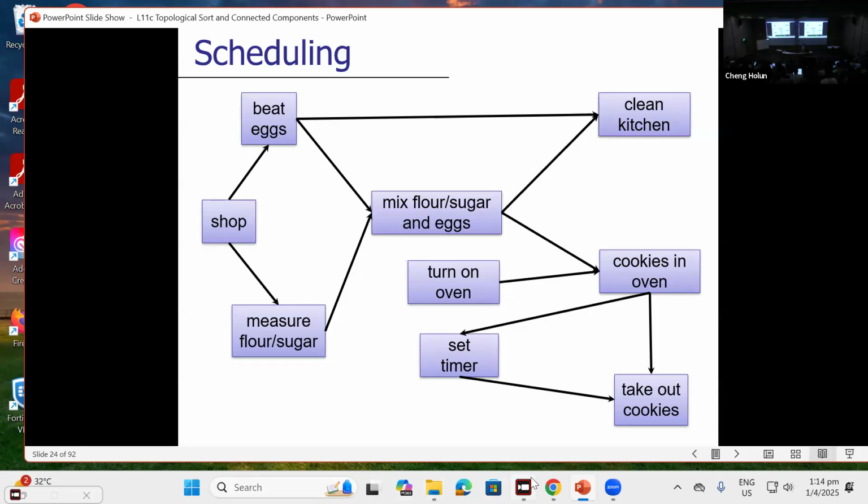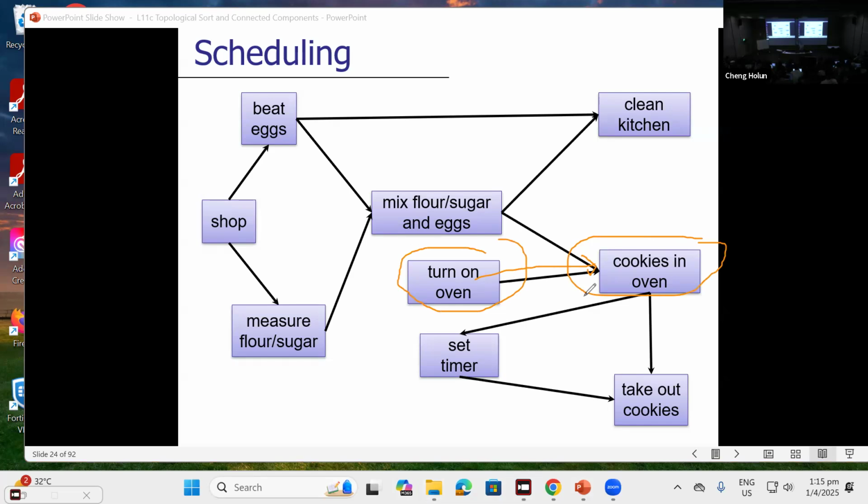For example, here, I must turn on the oven before putting the cookie in the oven. So the edge means the source of the edge must be done before the destination of the edge.